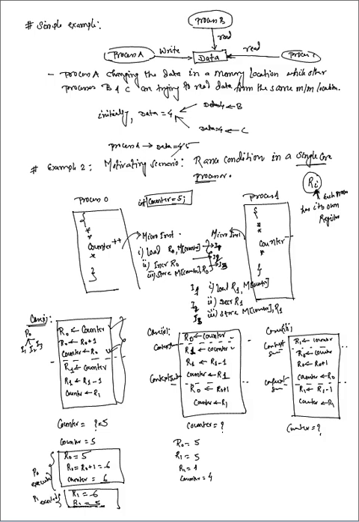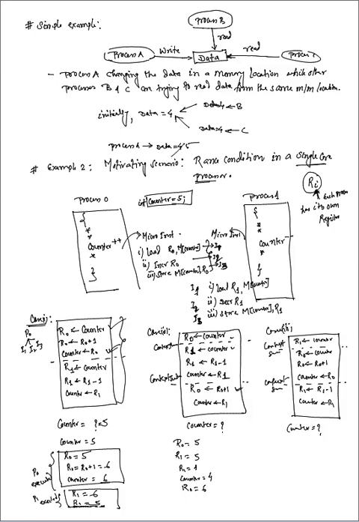Now increase the value of register. Okay, so R0 equals 6. We are here.